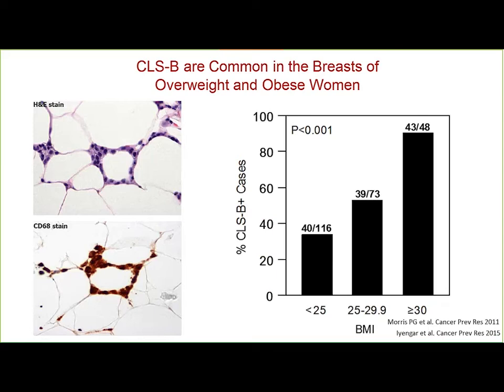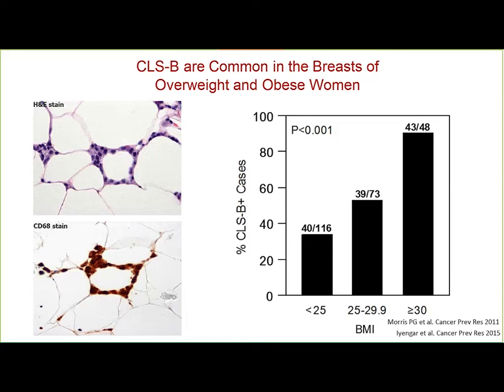This is what the lesion looks like by H&E. Here you see macrophages decorating this dead or dying adipocyte, and down below you see the same lesion stained for CD68. And if anybody wants to do this, it's much easier to pick out these lesions when you do CD68 immunohistochemistry as opposed to H&E.